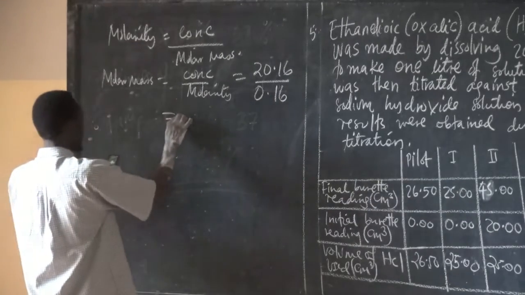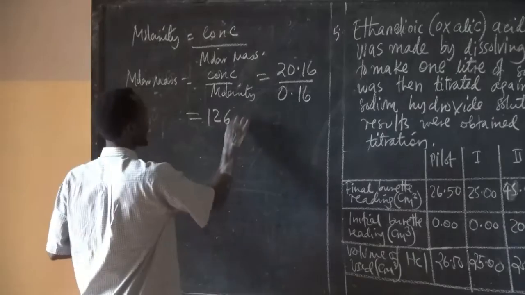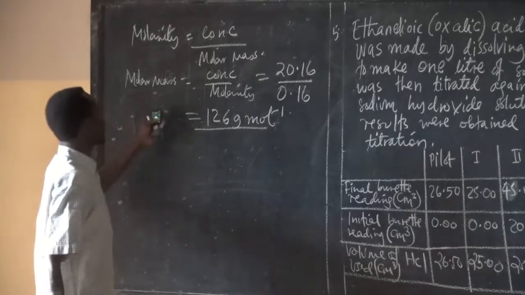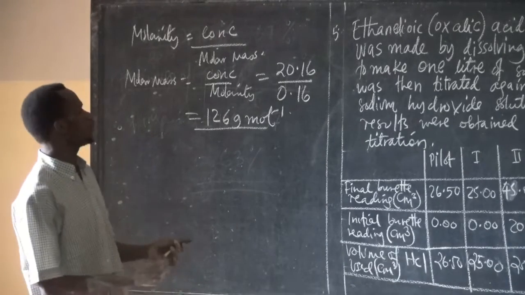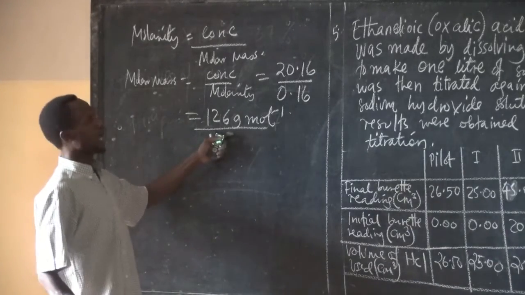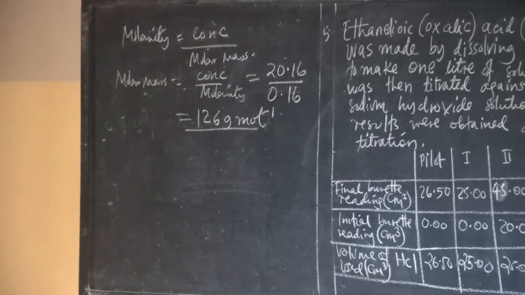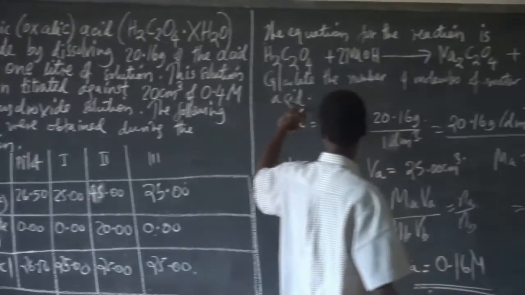Now molar mass is equal to 126 gram per mole. Why have we found the molar mass? We are not looking for the molar mass. We are looking for the number of molecules of water of crystallization in the acid.